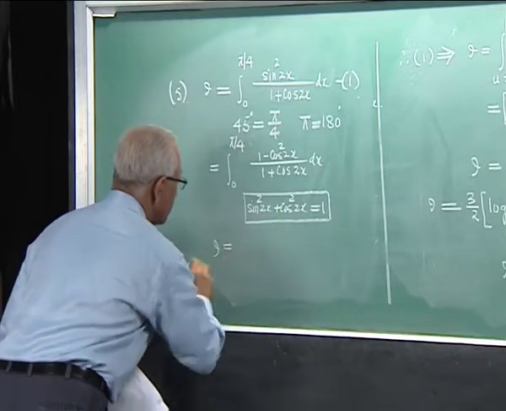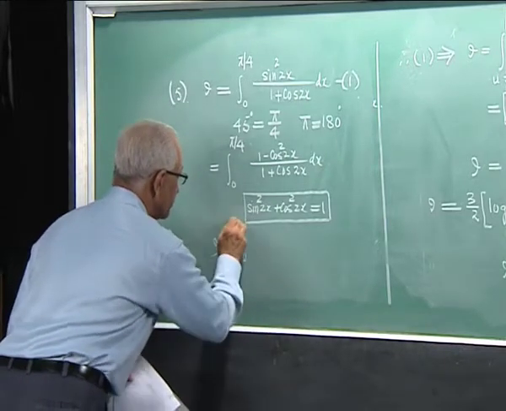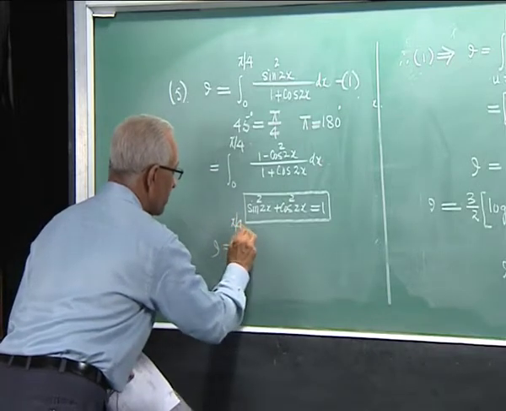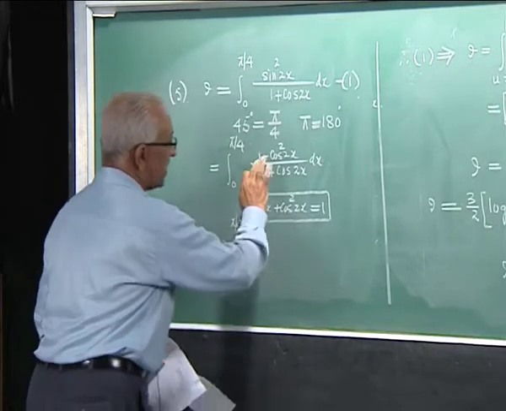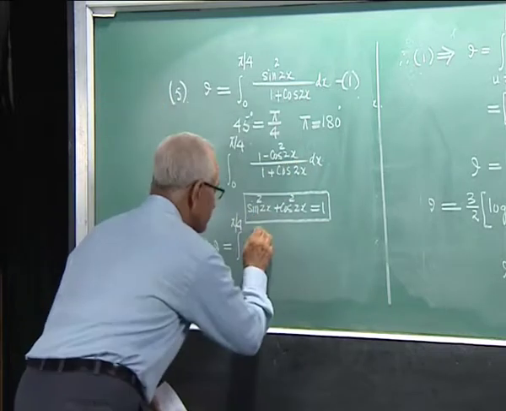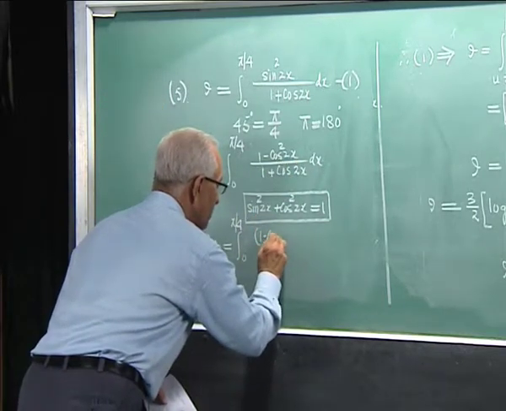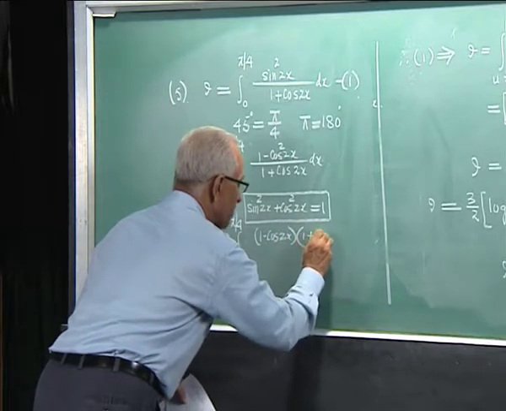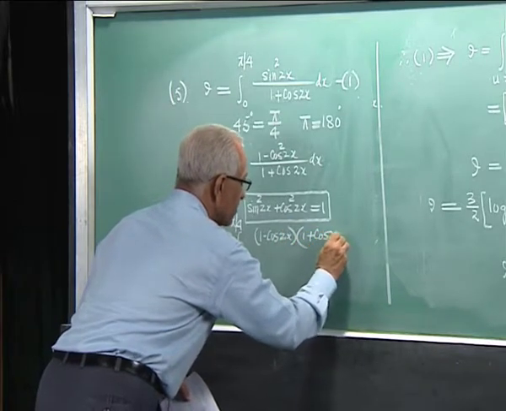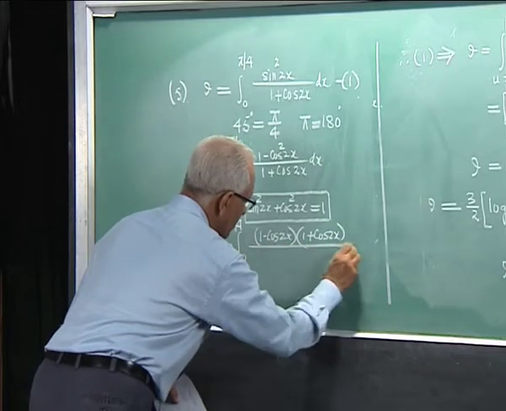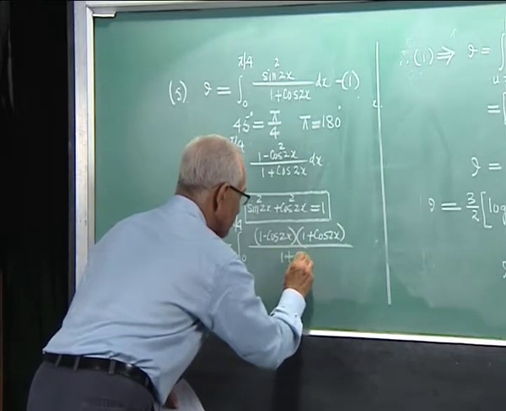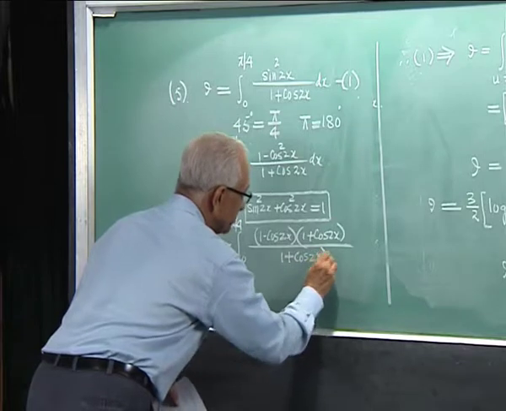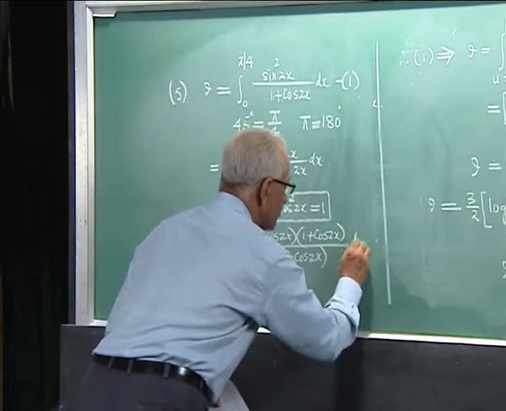So the integral now becomes 0 to pi by 4. This is a minus b, a plus b. So I'll write 1 minus cos 2x into 1 plus cos 2x upon 1 plus cos 2x, which reduces to a very, very simple form.